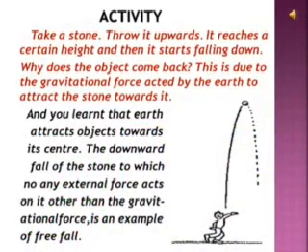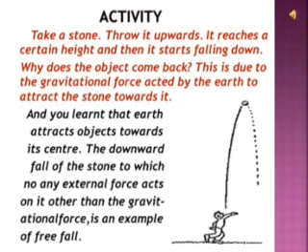Let us do an activity to understand the meaning of free fall. Take a stone, throw it upwards. It reaches a certain height and then it starts falling down. Why does the object come back? You know that it is due to the gravitational force exerted by the Earth to attract the stone towards it.